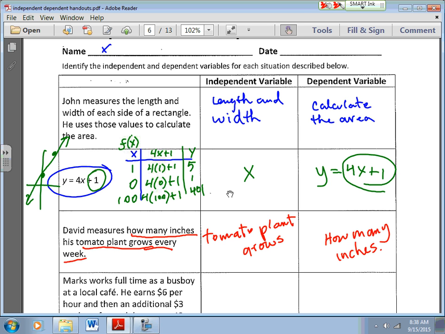All right, Mark works full-time as a busboy. Does everybody know what a busboy is? A dishwasher? Not the dishwasher. He cleans up the tables after somebody's done. Typically the busboy is not like the server waiting on you at like TGI Fridays or Olive Garden or something like that.